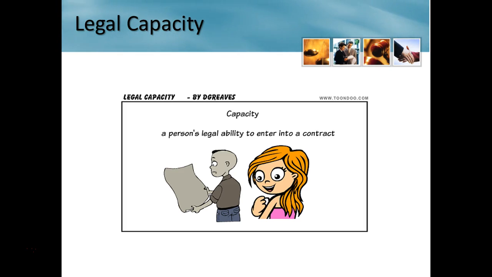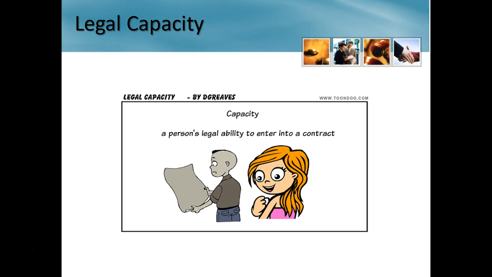Legal capacity in a contract ensures that the parties to the contract have the legal capacity to do so. 18 years old is considered the age of majority. Minors, those persons below the age of 18, have no capacity to enter into contracts.